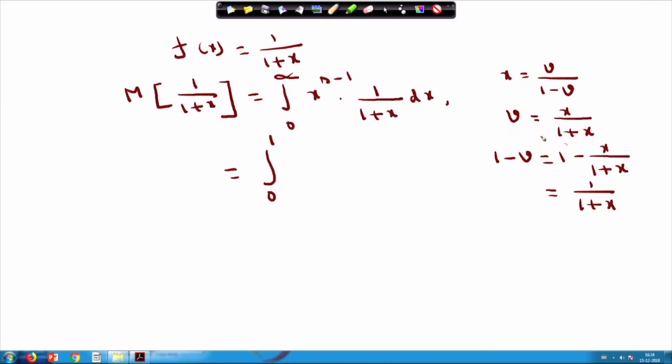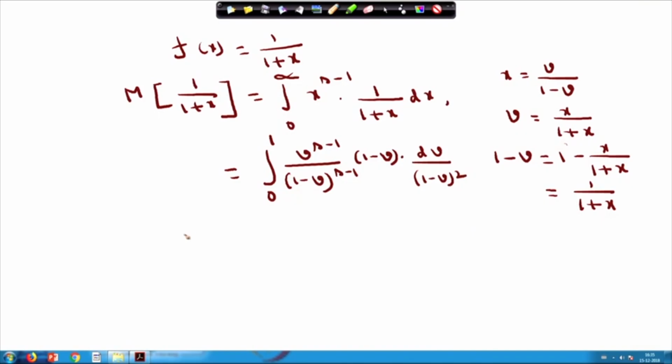So, as x approaches infinity, v approaches 1, and as x approaches 0, v approaches 0. So, the limit will be from 0 to 1, x means v by 1 minus v, so v by 1 minus v to the power s minus 1, into 1 plus x, where 1 plus x is 1 by 1 minus v, into dv by 1 minus v whole square.